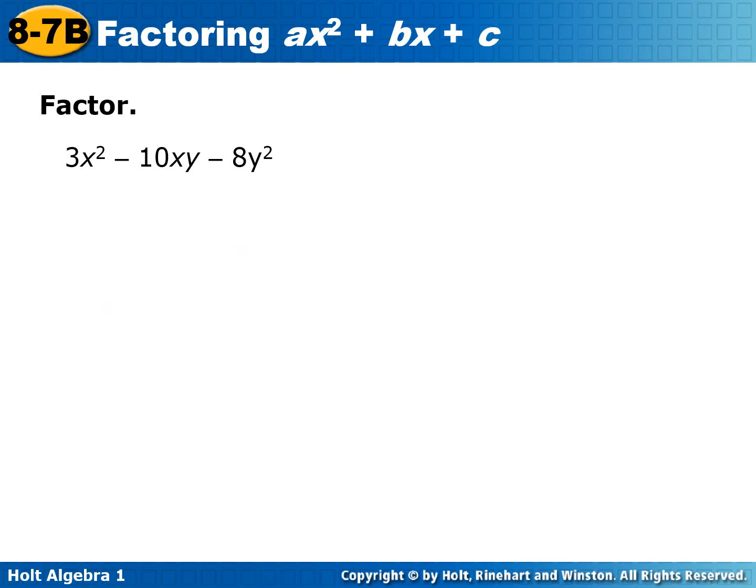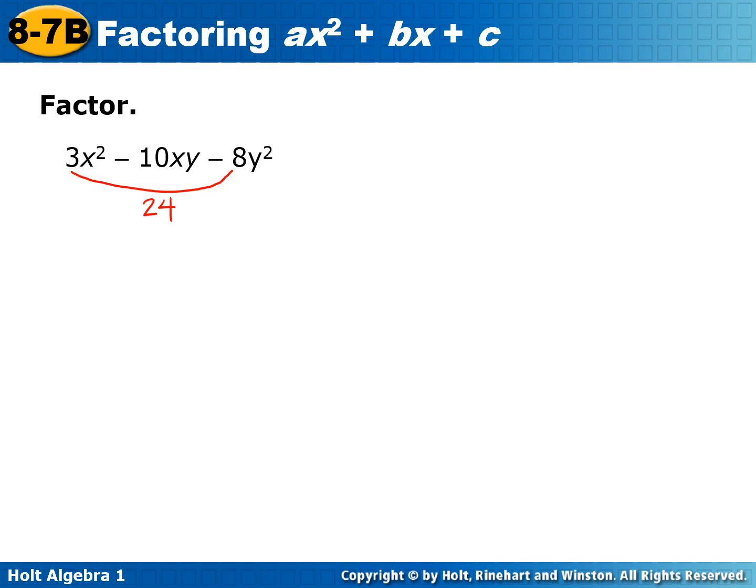Next one. 3x squared minus 10xy minus 8y squared. Here's what happens when you have multiple variables. Just don't worry about the variables. We'll deal with the y in just a minute. It's not very difficult. Only dealing with coefficients. Okay? So a is greater than 1. 3 times 8 is 24. Now c is negative.